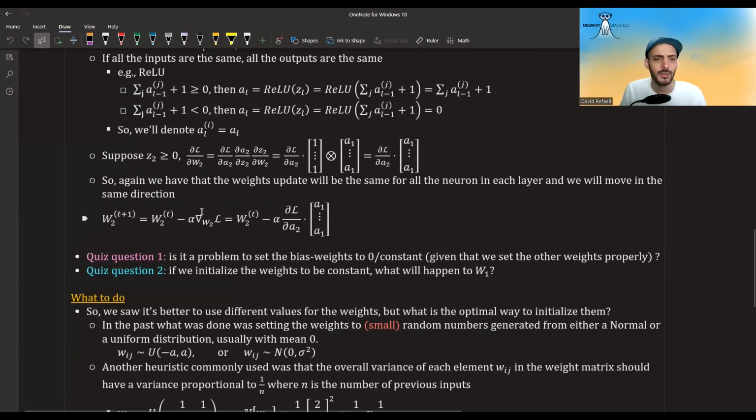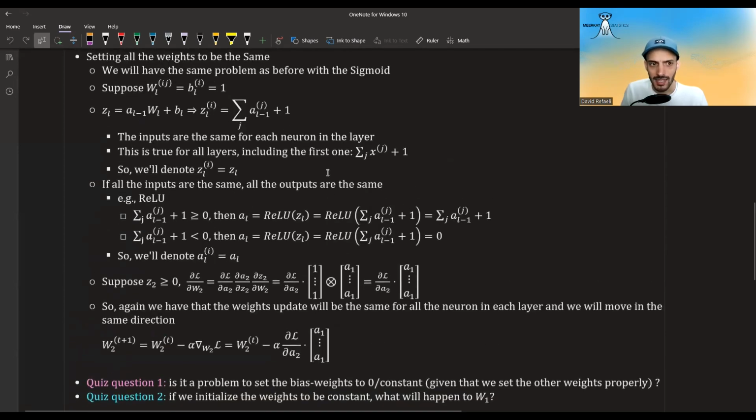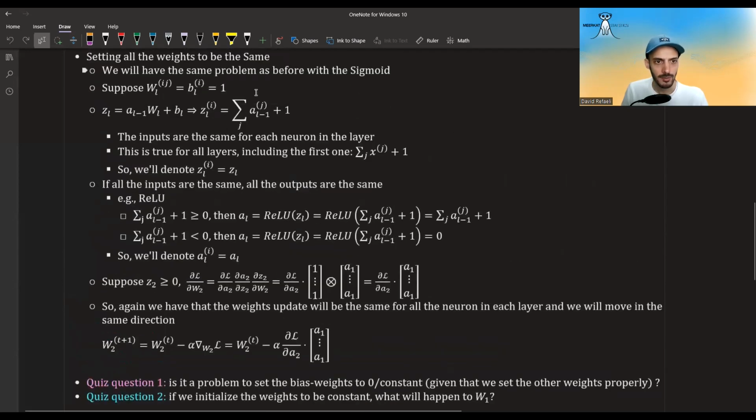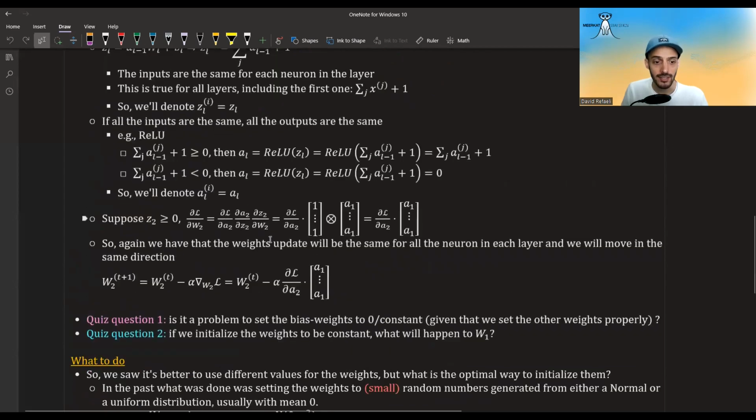I have 2 quiz questions for you that I want you to try and answer on your own. So suppose we set the bias to 0 or to a constant, but we set the other weights, the W's, to some random quantities. Do we still have the problems that I presented here or not? Okay, so just by what I explained here, you should already be able to answer this question.